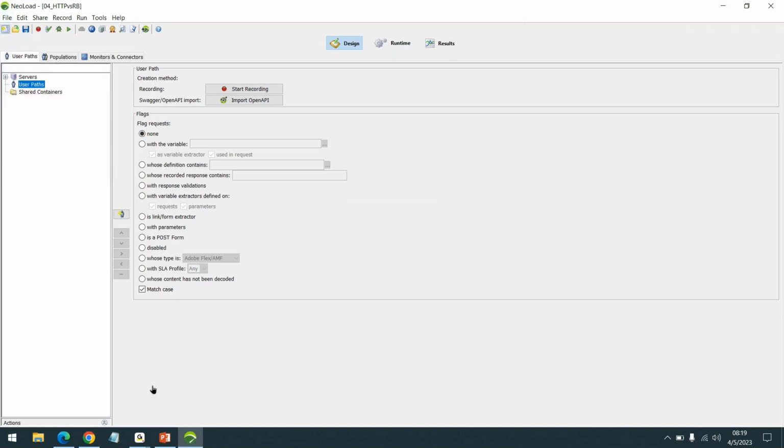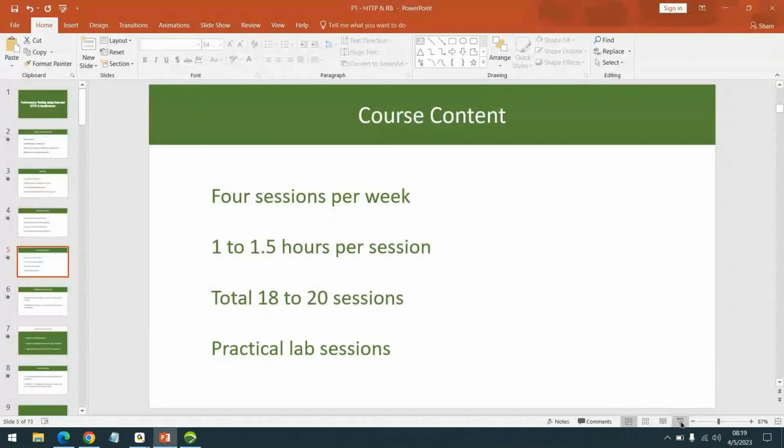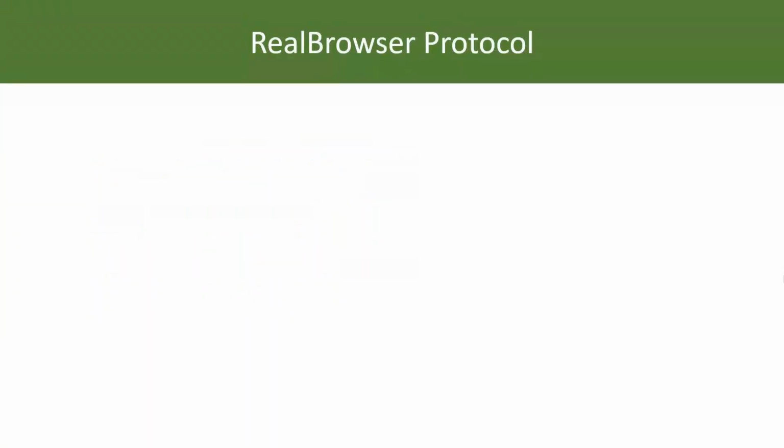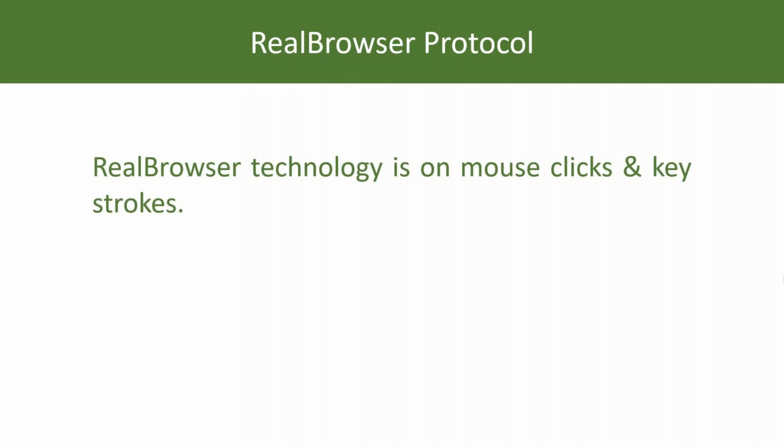Okay, so let's also look at what a real browser is. Some of you may be quite keen about it. The real browser technology is based on mouse clicks and keystrokes. It is kind of equivalent to TrueClient web.